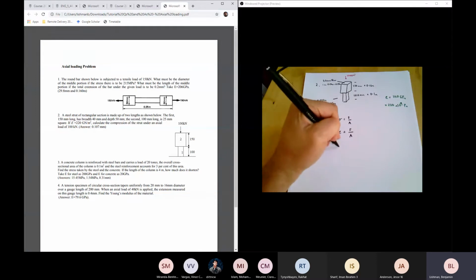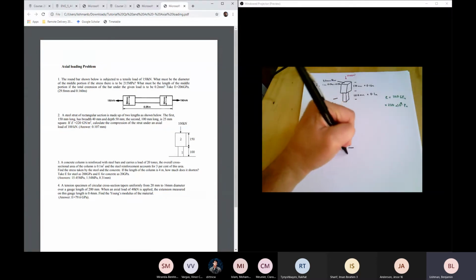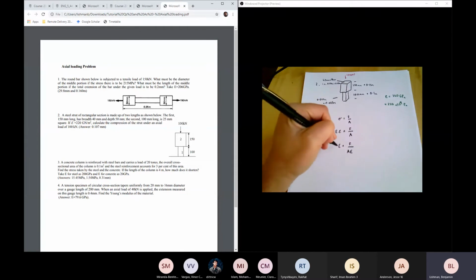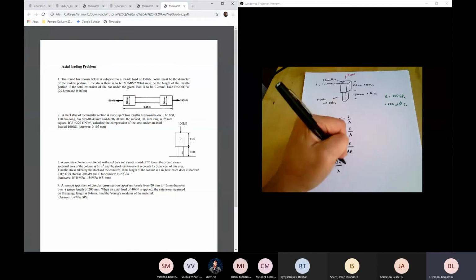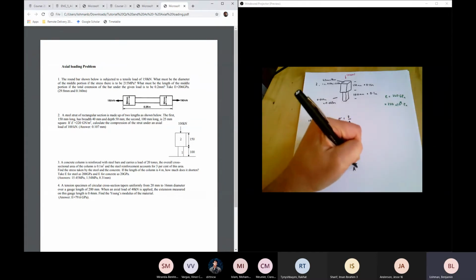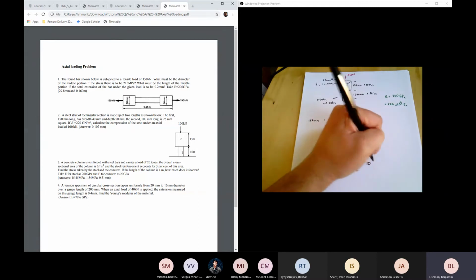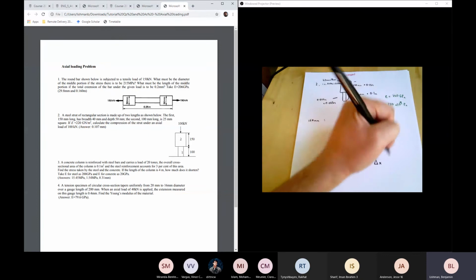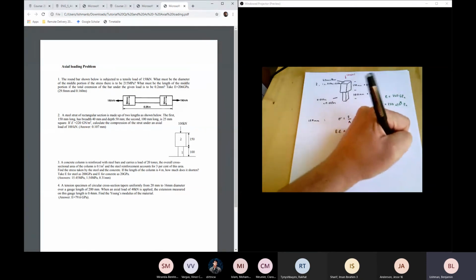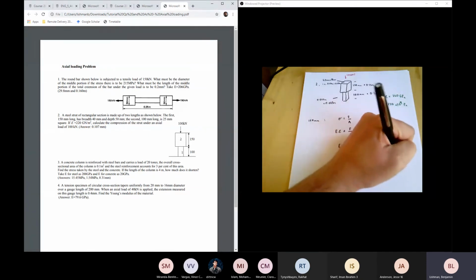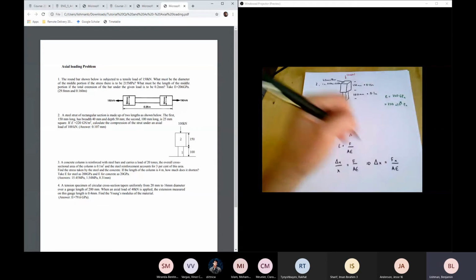And then that means strain is force over area times Young's modulus. Strain is delta x, the change in length, divided by the original length. And that equals force over area times Young's modulus. And so finally, what we can say is the change in length is going to be the force times the original length divided by the area times Young's modulus.